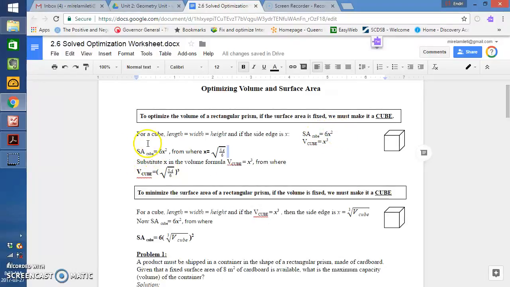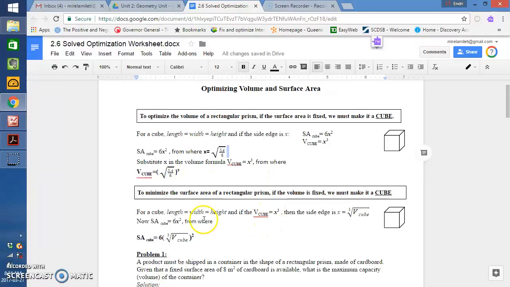So we have the surface area that is given to us, plug that value into this equation, and then we can isolate x, the variable x, which is the edge of the cube. Using this formula, we can substitute that in the formula for the volume, and there we go, we have the maximum volume for that kind of rectangular prism with a given surface area.